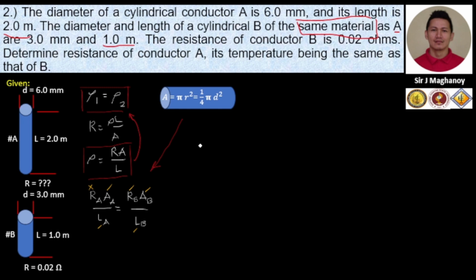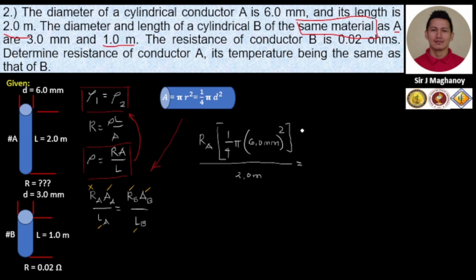Okay, so doing so, let's solve and substitute the given. For conductor A, the resistance of conductor A, which is our unknown, times the cross-sectional area of conductor A, that is one-fourth pi times its diameter, 6.0 mm squared, all over the length of 2 meters.